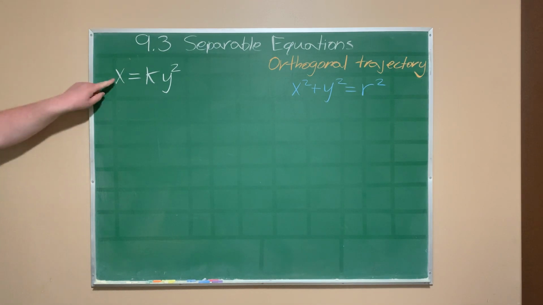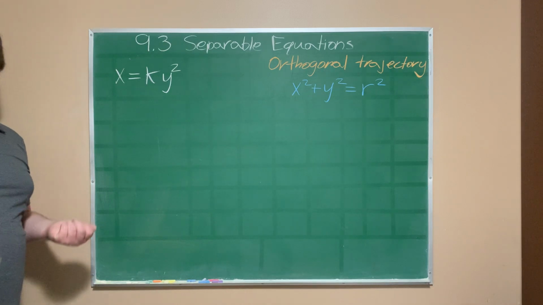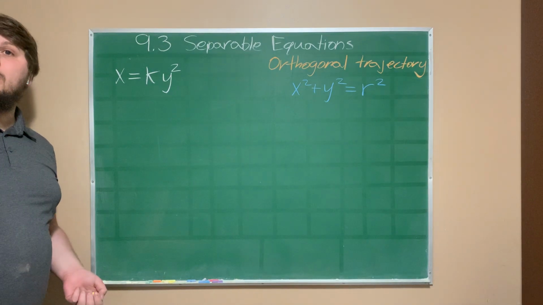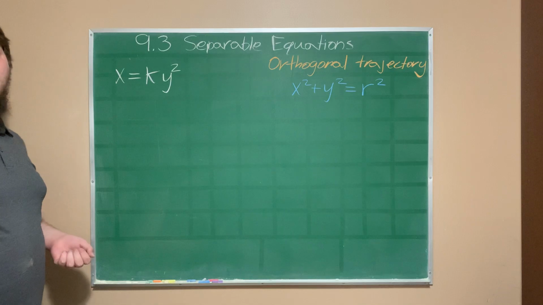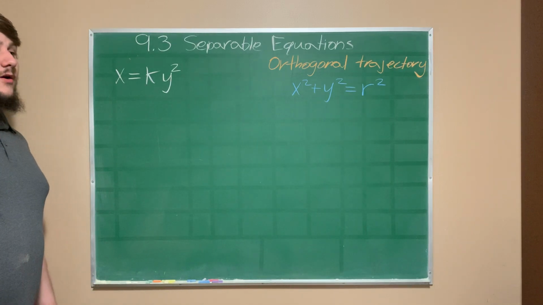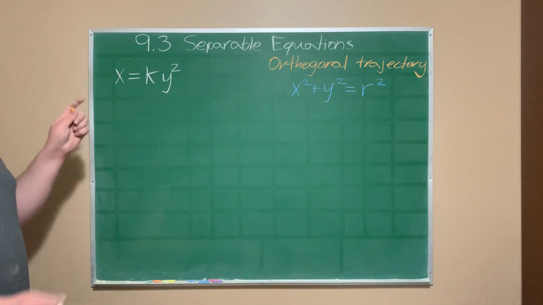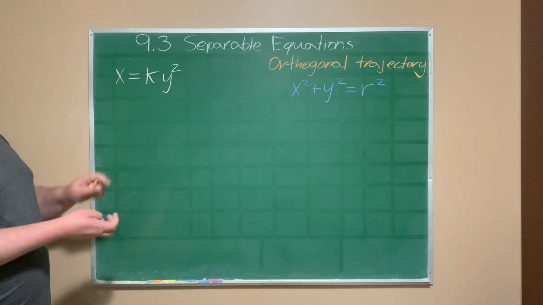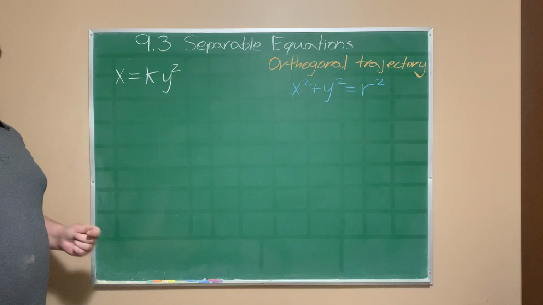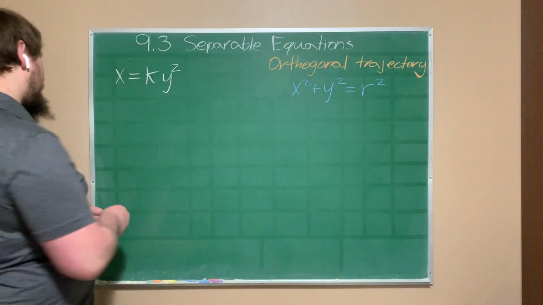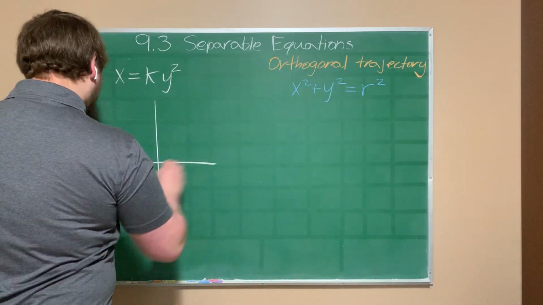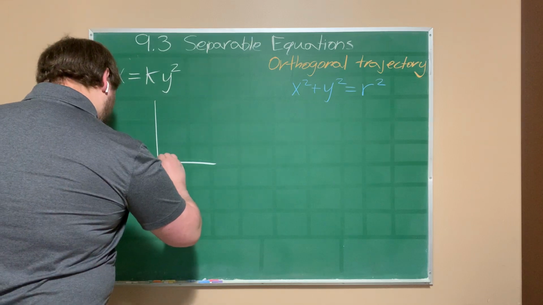If we just had x equals y squared, we know that's a parabola going through the origin and opening out to the right. And depending on the value of k here, we're going to change the width of that parabola, right? Whether it opens up wider or narrower. And if k happened to be a negative number, we'd actually be opening up to the left. So we're looking at curves that look something like this.